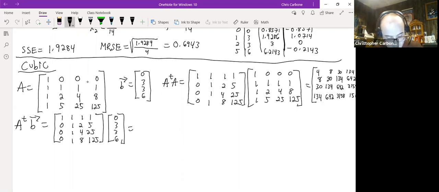Doing out that matrix multiplication, matrix times a vector, we get a vector 12, 39, 165, and 777.